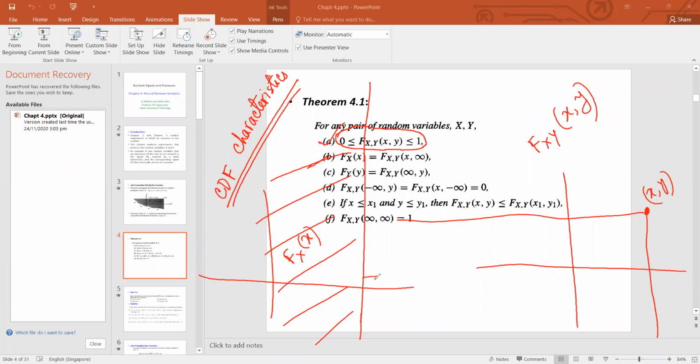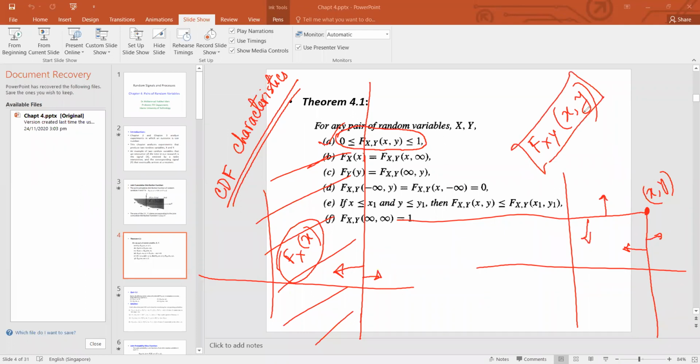Either x will increase or x will decrease. In that case, when x is the only variation, we call it F_X(x), the CDF of X. But when I make both x and y variable, then this is the joint CDF.